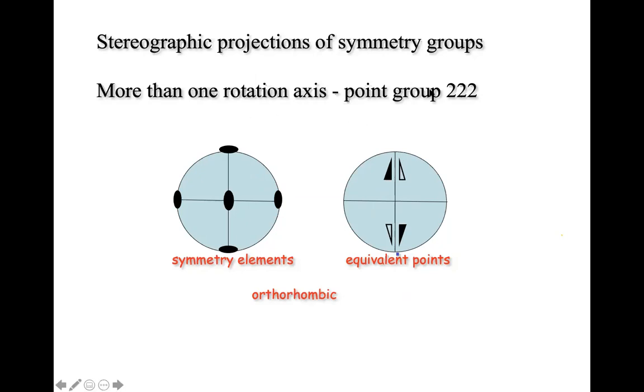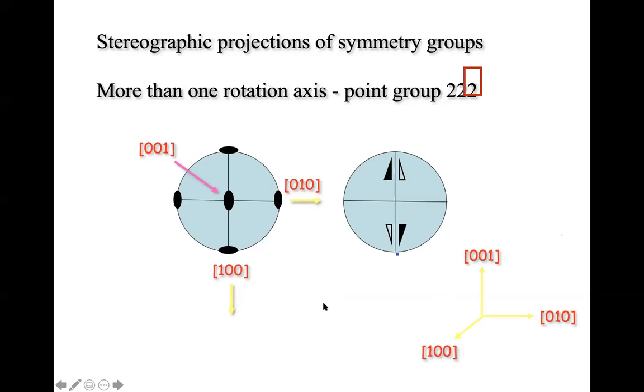So this 2-2-2 point group generates 4 equivalent positions. And this is the 1-0-0 direction, the 0-0-1 direction, and the 0-1-0 direction.